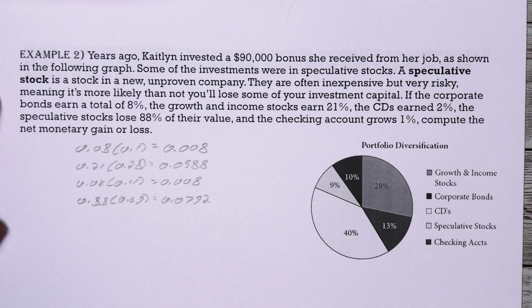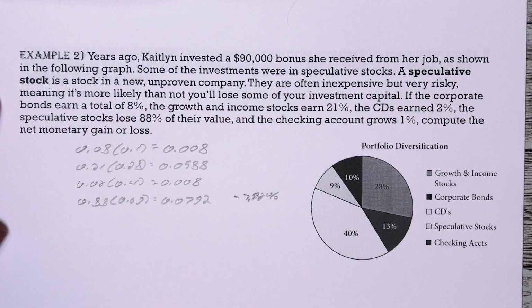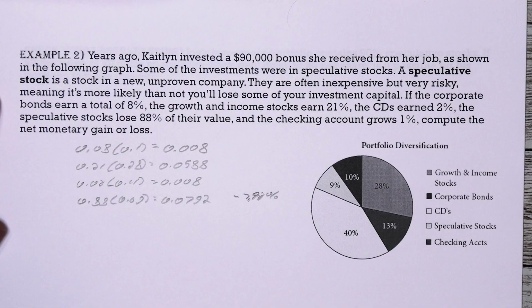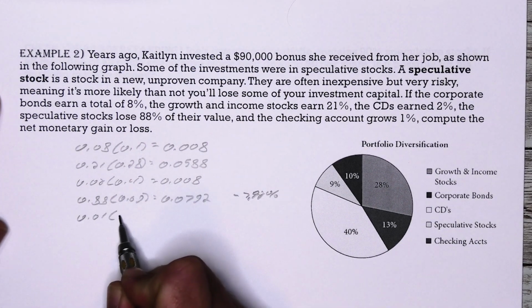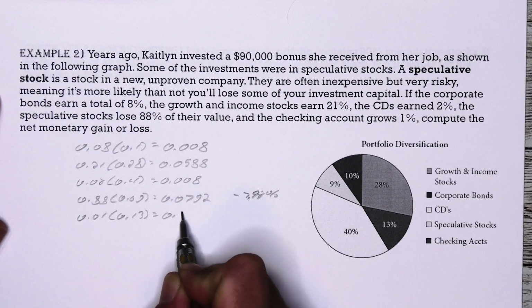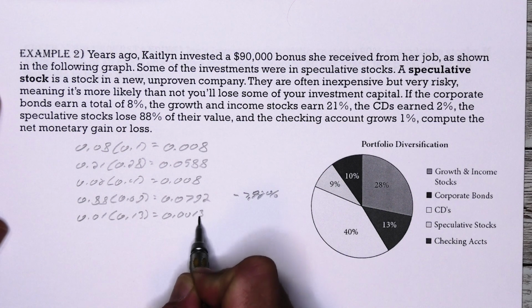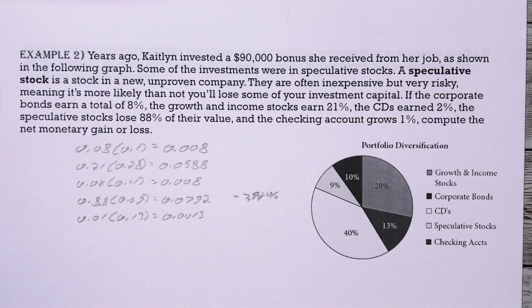You can express this as a negative gain, negative 7.92%. Now we need to find 1% of 13% to get the gain from the checking account, or 0.01 times 0.13 for 0.0013. The checking account accounted for a 0.13% gain.